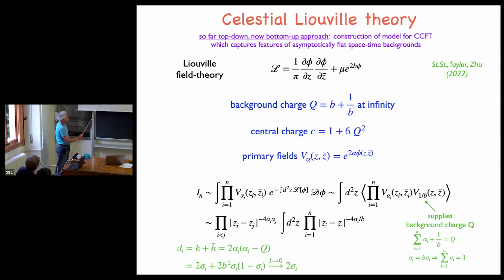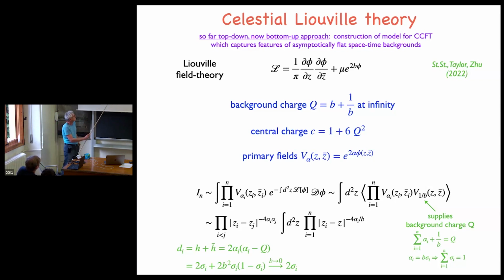In this Liouville theory on its own, you can, as usual, construct correlation functions of these primary fields. As is implied here, you need to saturate or supply a background charge in order to make these correlators non-vanishing. That means you cannot just take n of these fields, but you need in addition an operator which supplies the correct background charge.